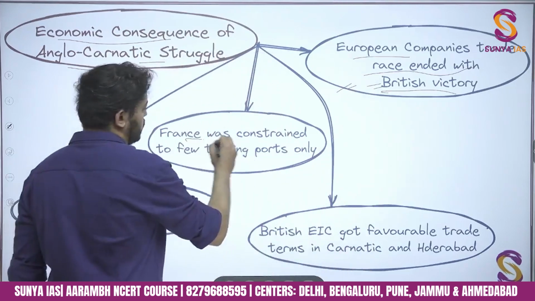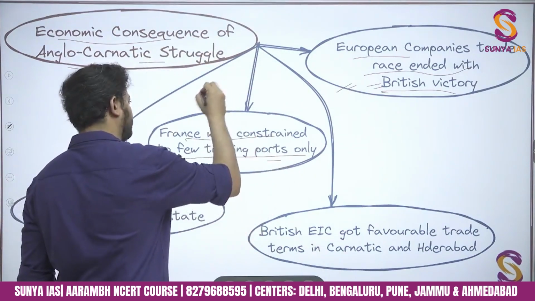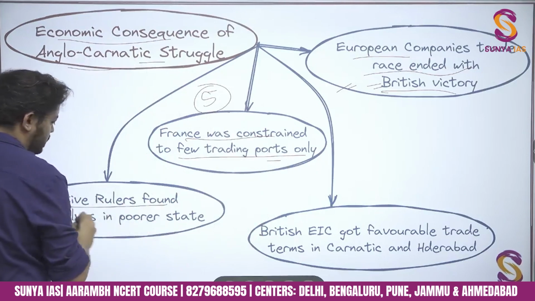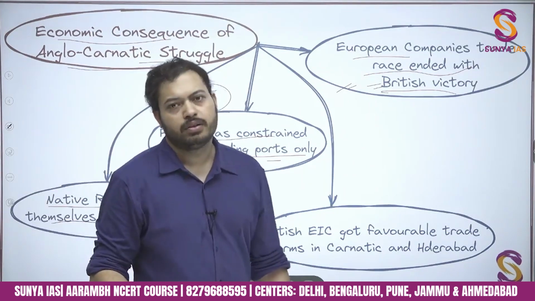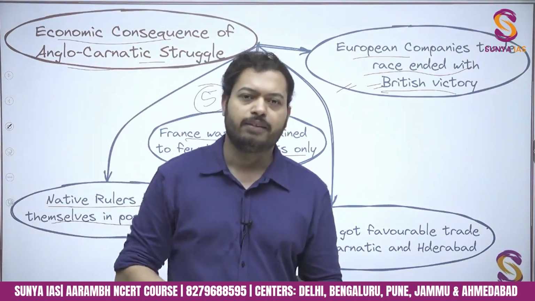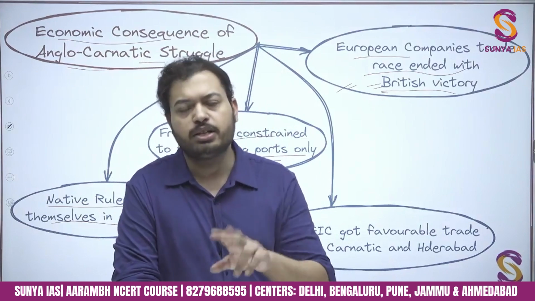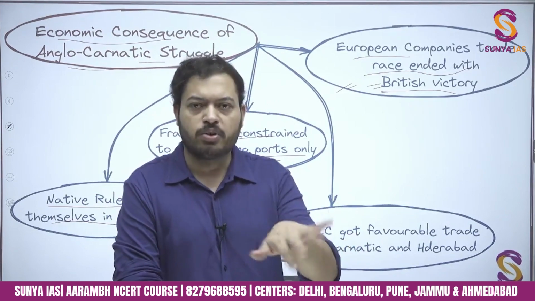Now France was constrained to a few trading ports only, in total 5. Native rulers found themselves in a poorer state, because ultimately they were fighting not once, not twice, but thrice. So in less than 2 decades, all the ruling elite had fought among each other thrice.